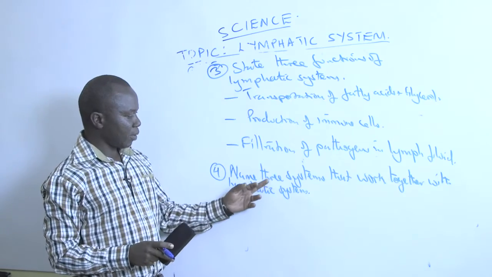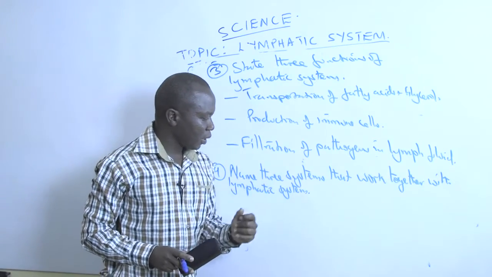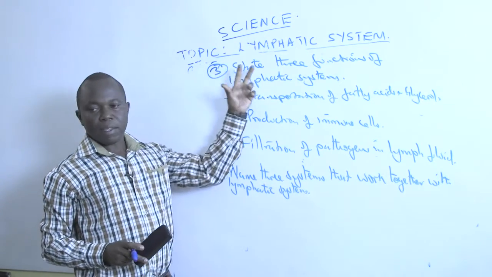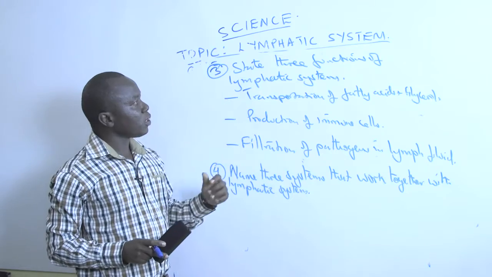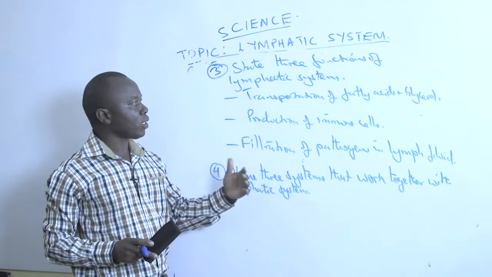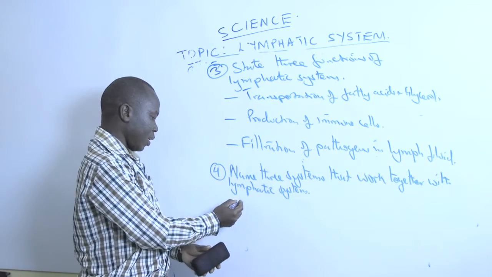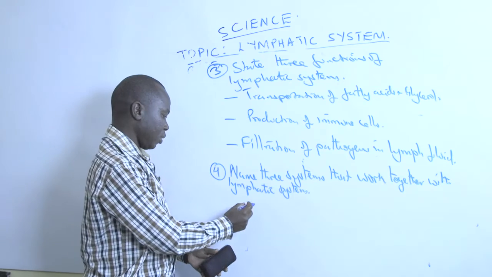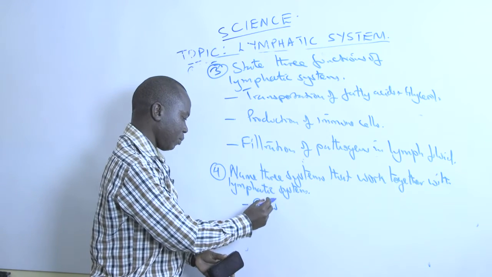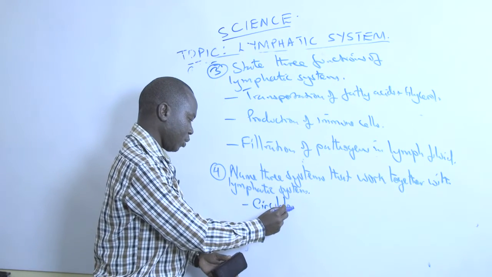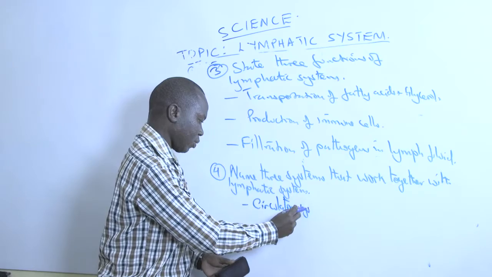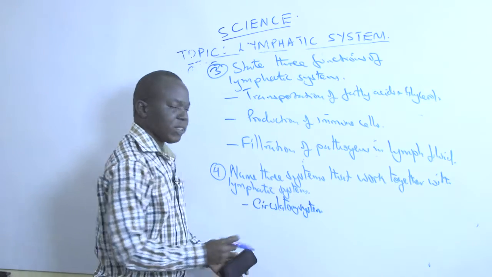So here we shall be a little bit keen. In the introduction, we said the lymphatic system works together with another system called the circulatory system. So one of the systems is the circulatory system. Indeed, we have seen that.